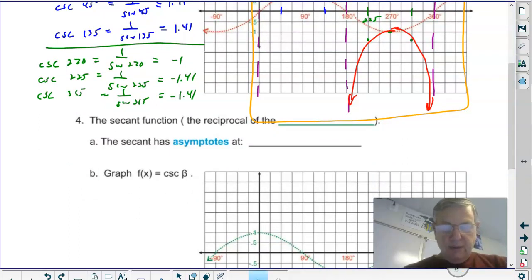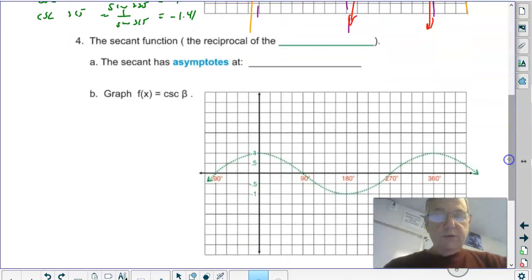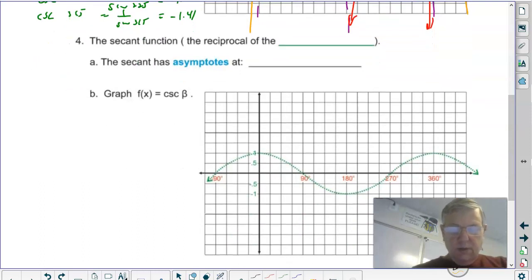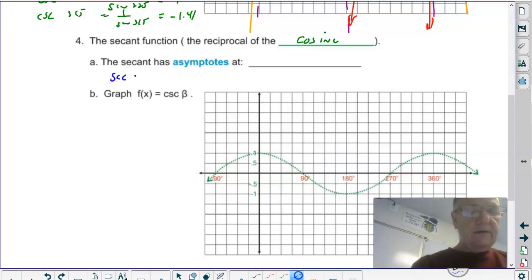It's the same idea. So watch, I'm going to do this one the quick way once you understand. The secant is the reciprocal of the cosine, right? Reciprocal of the cosine. So, let's again think about the secant.